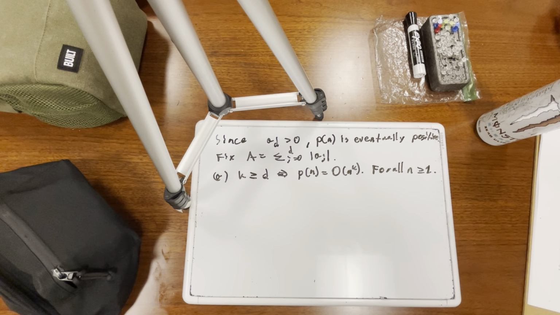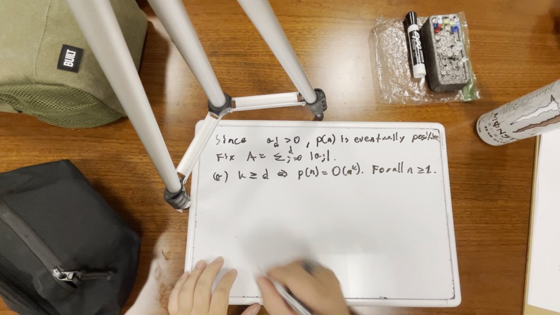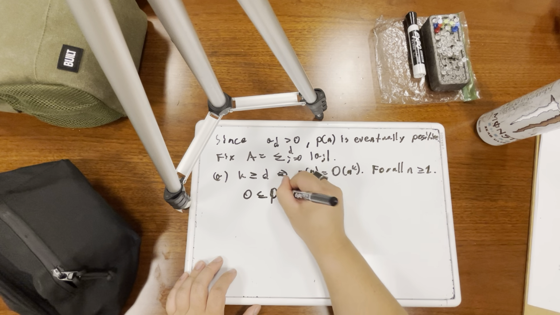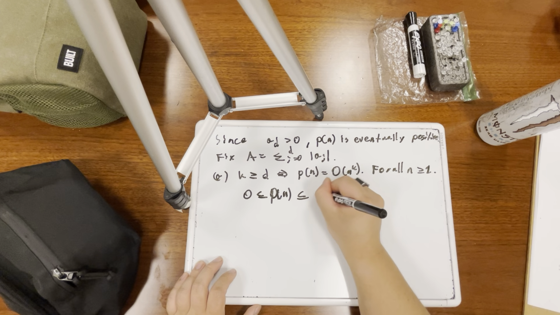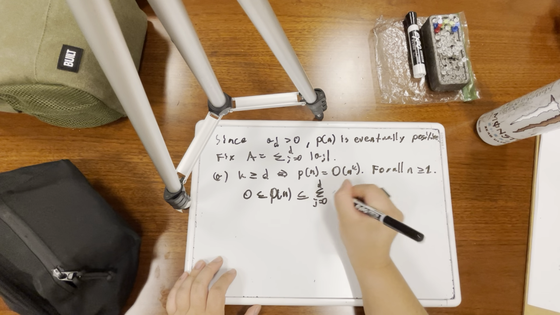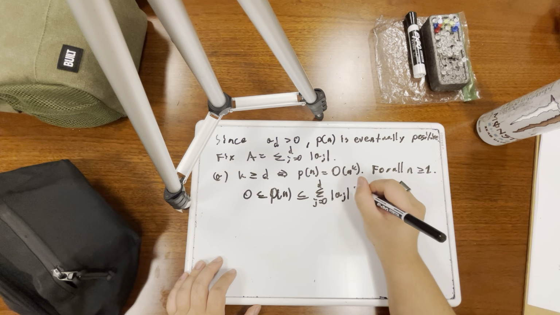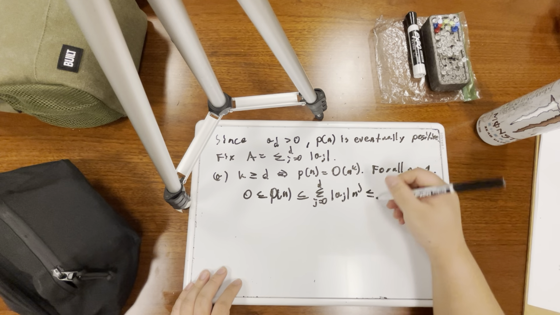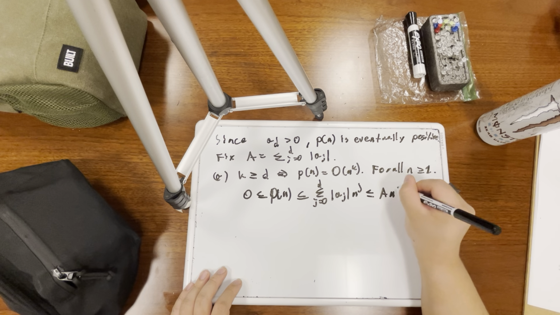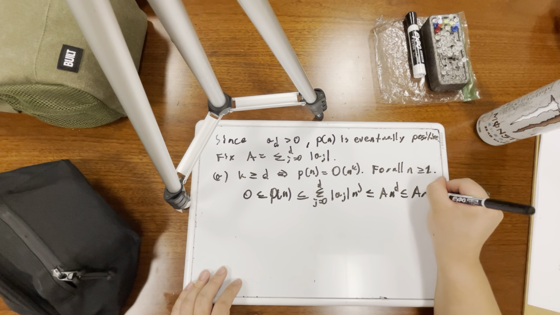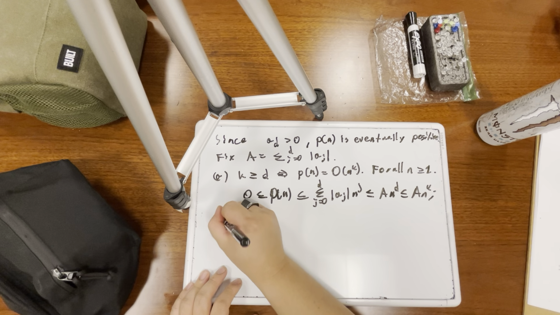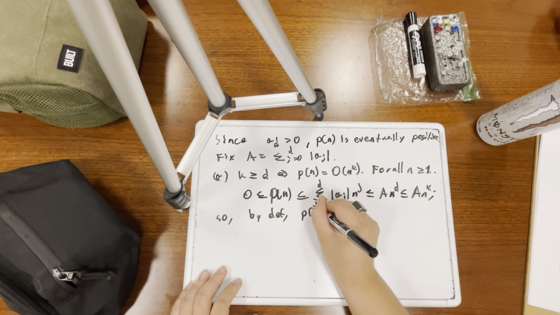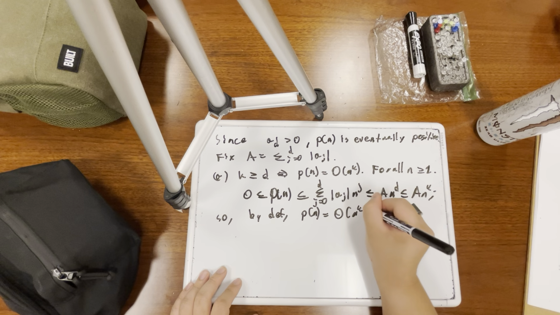So 0 is less than or equal to P of n, which is less than or equal to the summation from j equal to 0 to d of the absolute value of a sub j times n to the j, which is less than or equal to A times n to the d, which is less than or equal to A times n to the k. So by definition, P of n is equal to big O of n to the k.